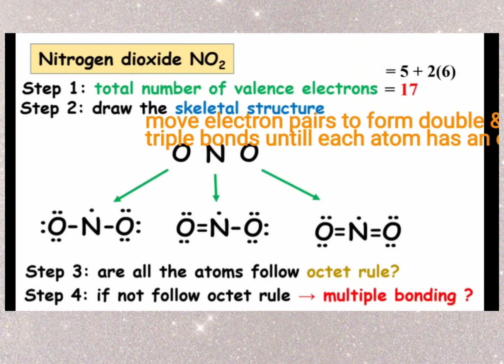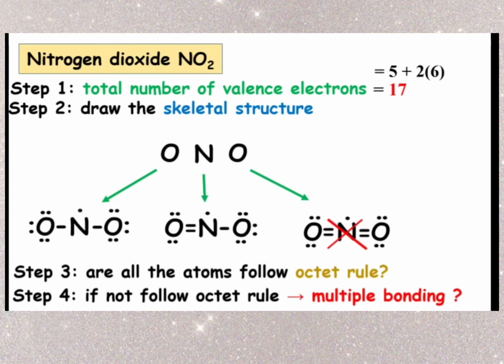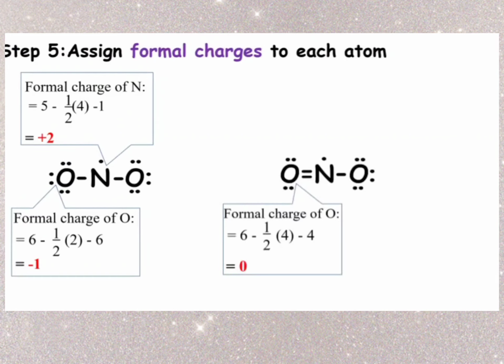So, which is the most stable Lewis structure of nitrogen dioxide? The number of electrons on the nitrogen atom in this diagram is more than 8. Therefore, this is not the correct Lewis structure. So, which is the correct Lewis structure of nitrogen dioxide? Now, we need to assign formal charges to each atom.